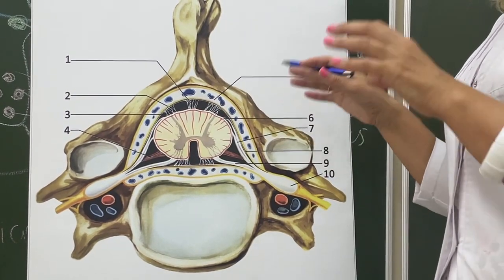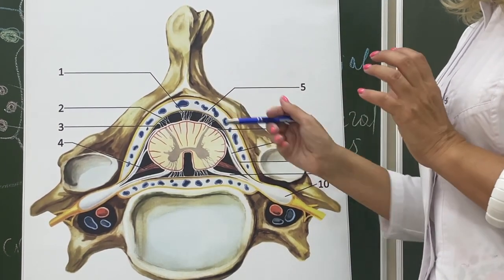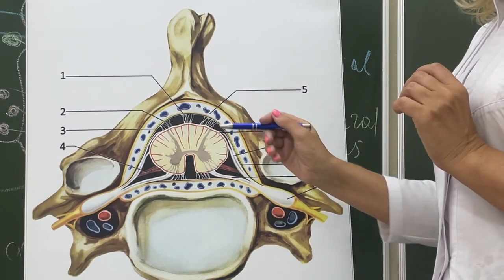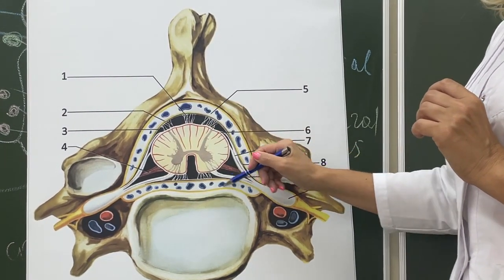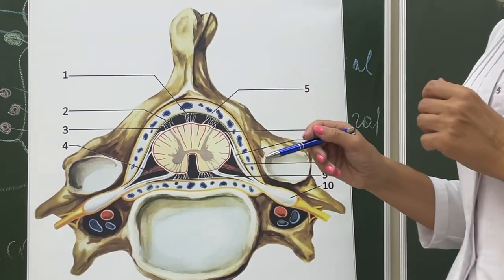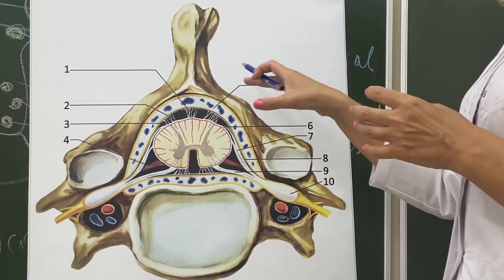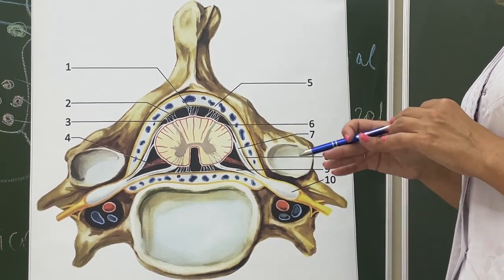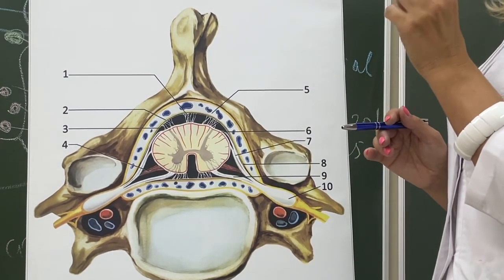What is located in the epidural, subdural and subarachnoid spaces? In the epidural space there are plenty of venous plexuses. Veins are located here, external venous plexuses inside the vertebral column. Is there any cerebrospinal fluid here?